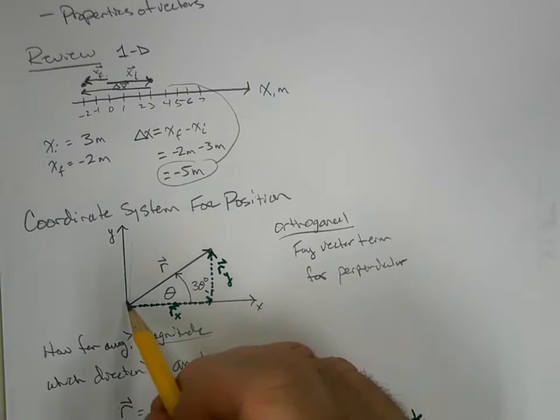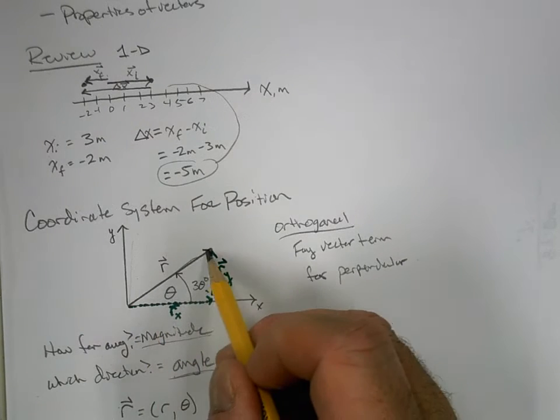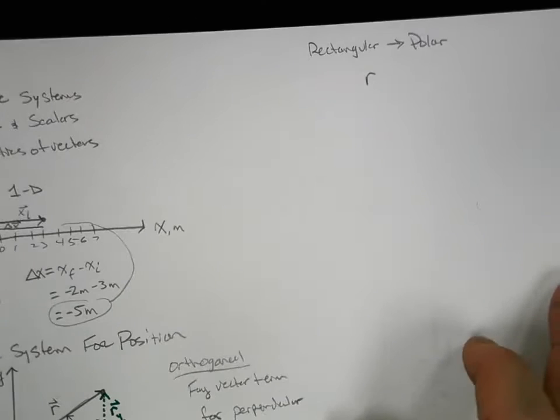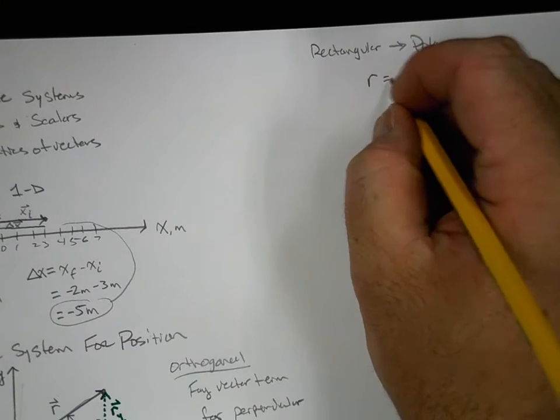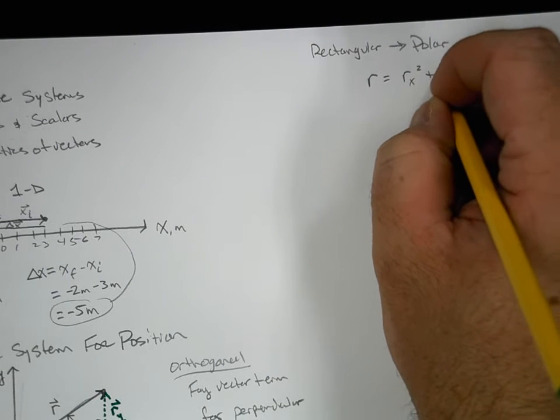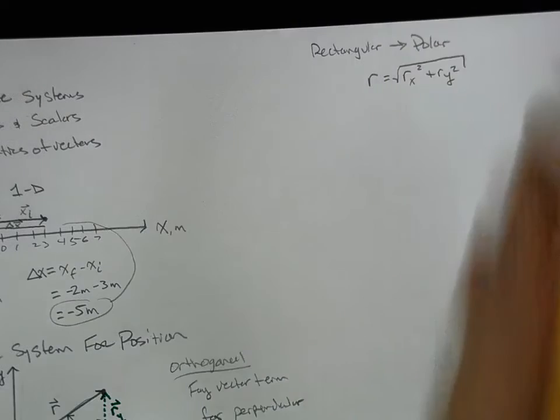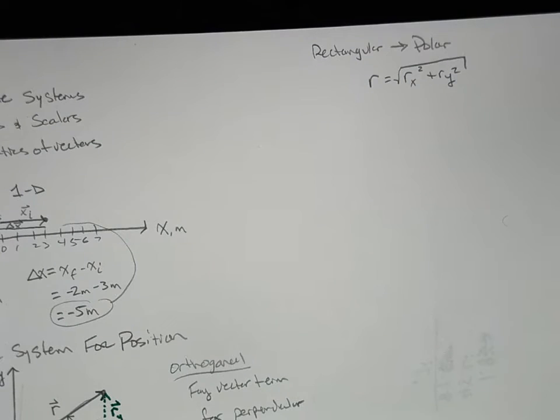If we're looking for the magnitude of r from our polar coordinates, we can use the Pythagorean theorem. That's our hypotenuse. So r is going to equal the square root of rx squared plus ry squared. That's going to be the magnitude of our r vector when we're switching over to polar.